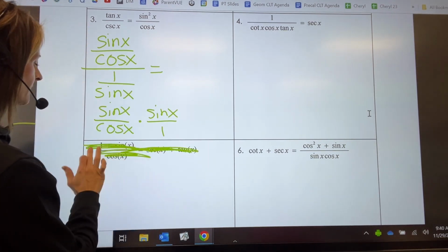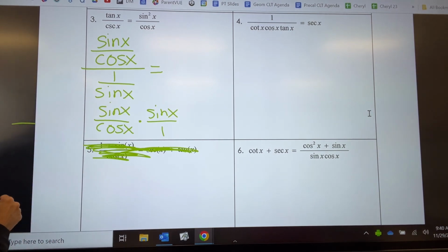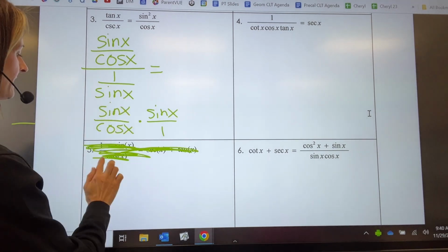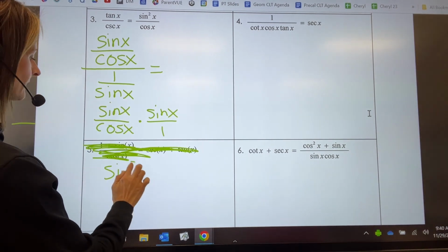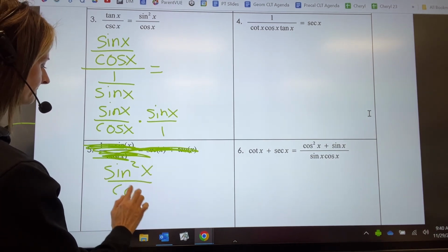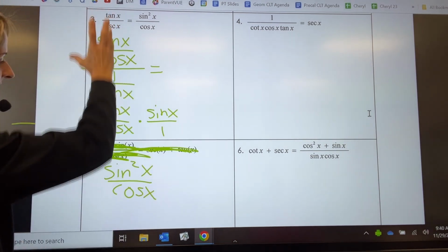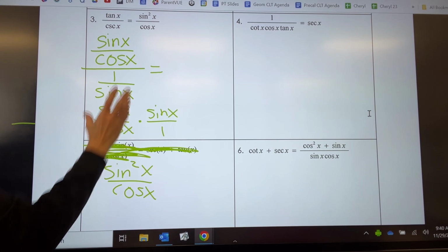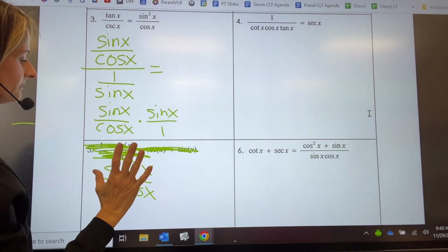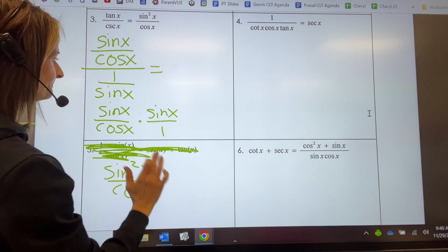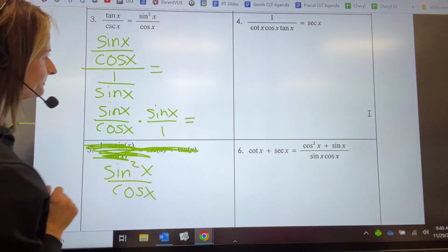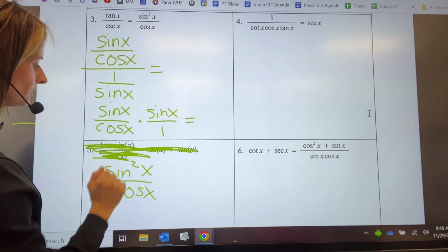Scratch all that. I'll just keep going down here and we'll erase it and do it again. This is sine squared of x over cosine of x. Now my left side is equivalent to my right side. So I'm done, but the way I show I'm done, and I forgot my equal sign here. Equals, equals.